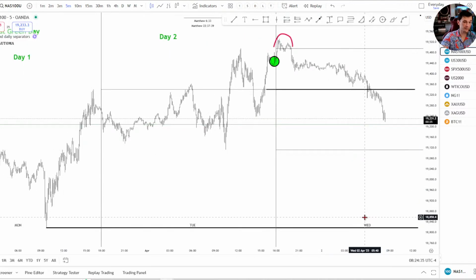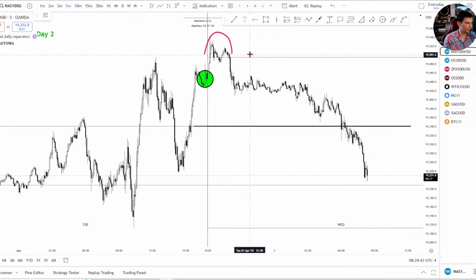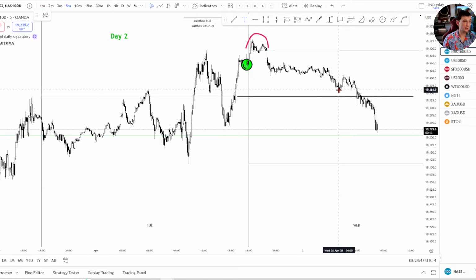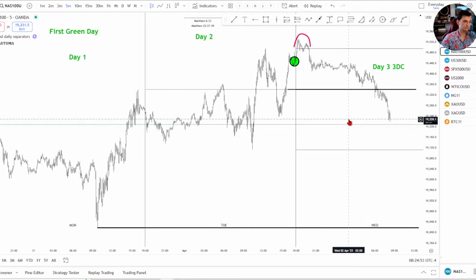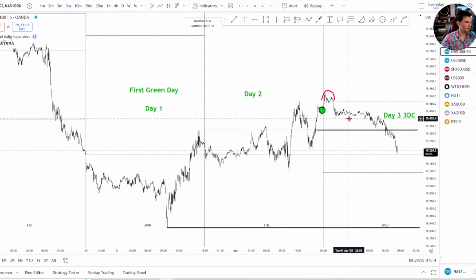Are we going back for the money? Is this a trend continuation on a daily scale? That's my only 2 options. It's day 3 of the week and also day 3 of the cycle. Okay, yep, we have a lower low, possible P and D. Absolutely.